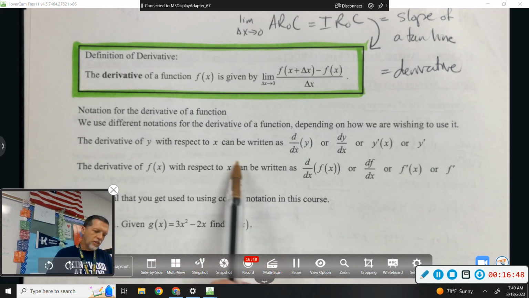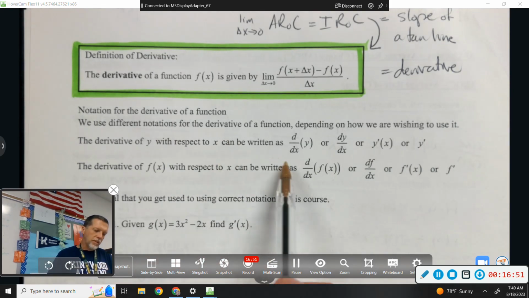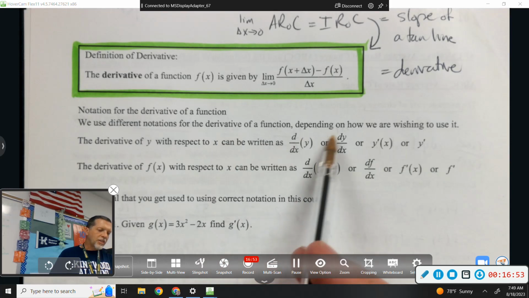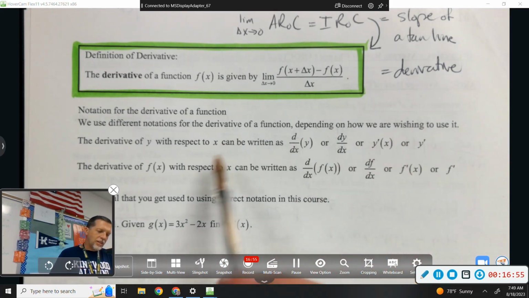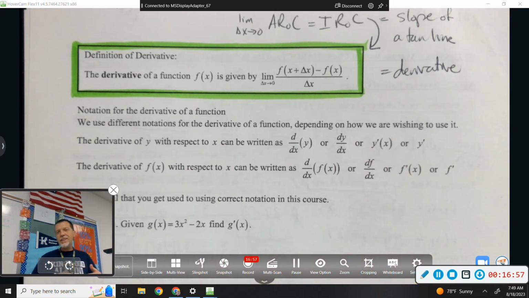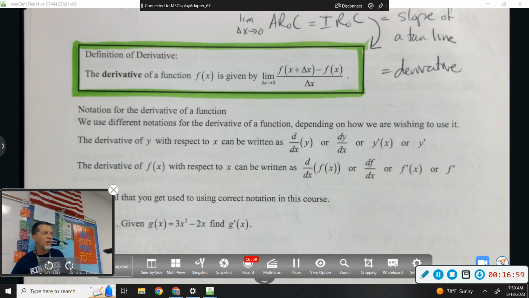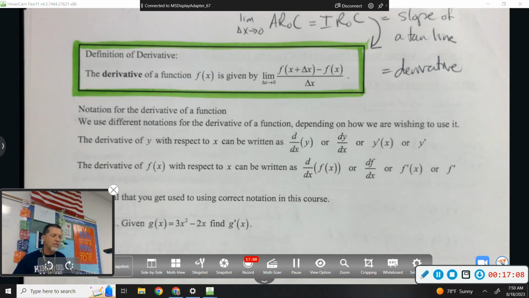Notation, so just different ways to write the derivative. There's lots of different ways to write it. They're basically interchangeable. It kind of depends on the situation as to which one is preferable. And you don't really have to memorize which way to go because they're interchangeable. Just as you do more and more calculus, you'll learn where it's helpful to use which one.